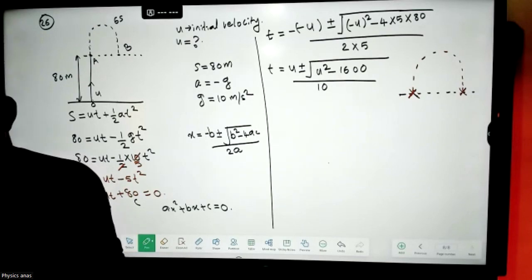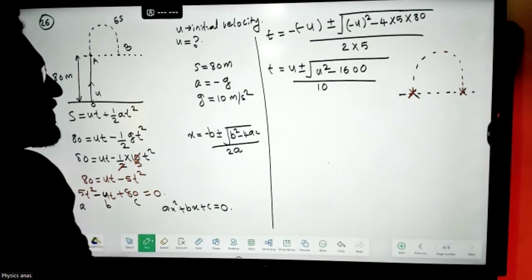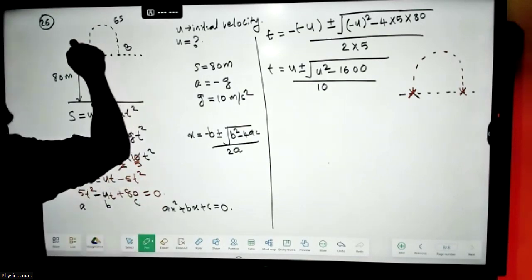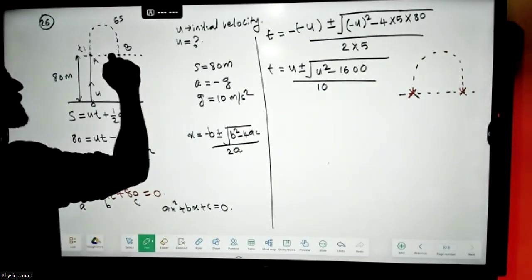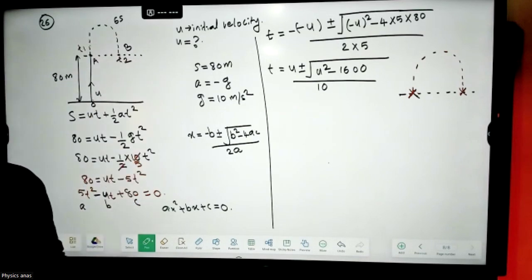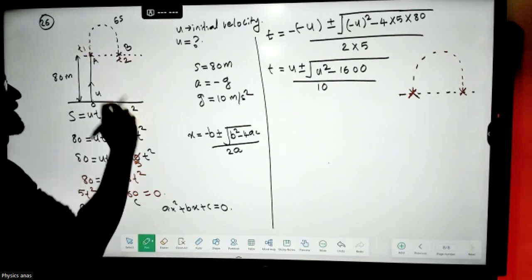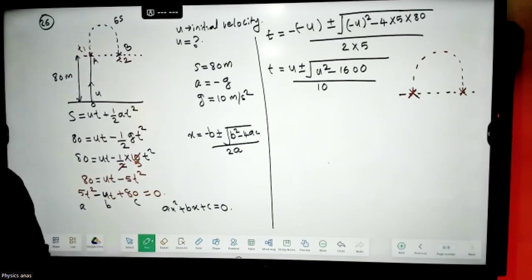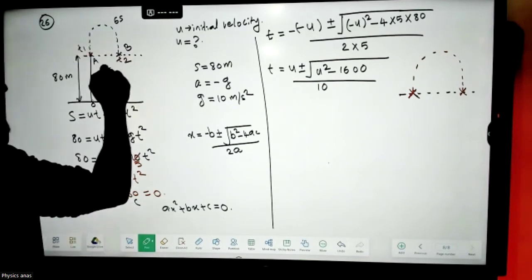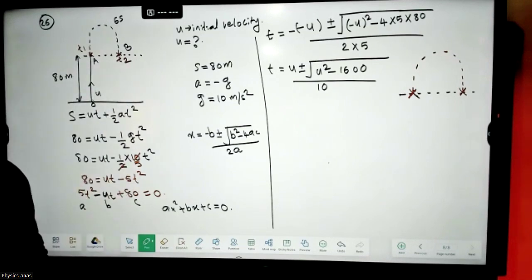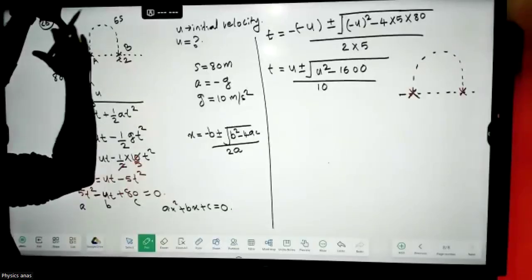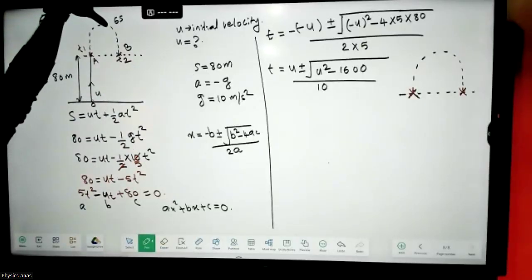Okay. And which is t, we can take t1 here and t2 here. Both of them are representing two times, but the same distance.